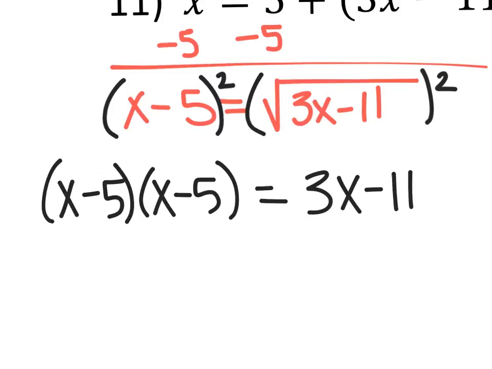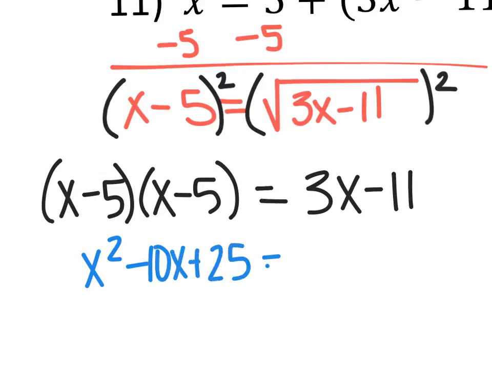I'm just going to tell you that it's x squared minus 10x plus 25 equals 3x minus 11. I promise if you went through the whole process and FOILed every bit of that, first, outside, inside, last, and then combined your like terms, that's what you would end up with. So what kind of problem is this right here? This is a gross one?